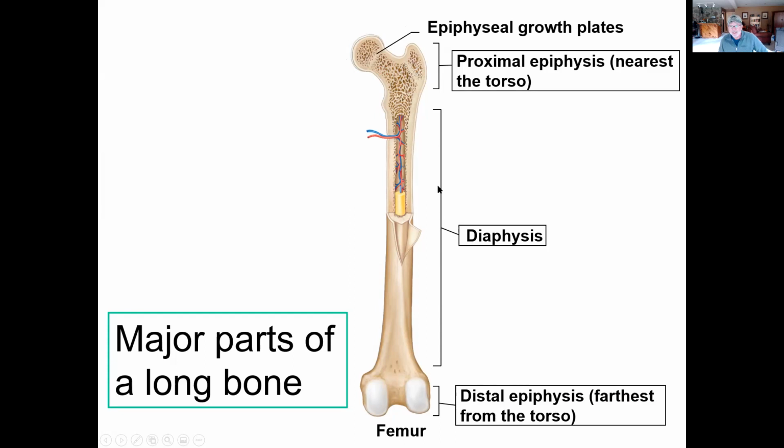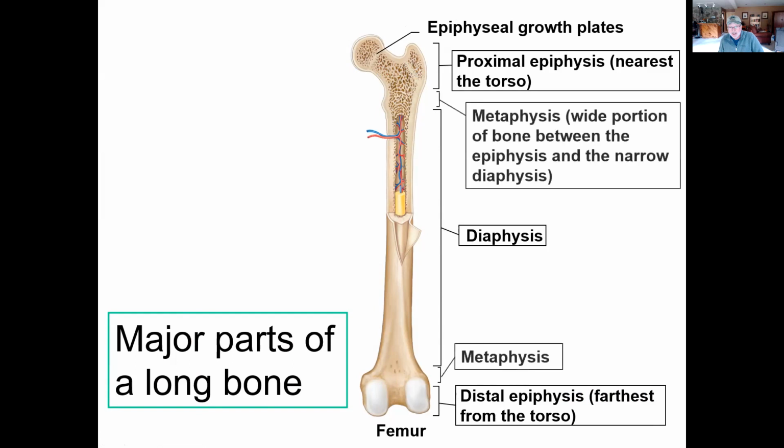And then we have this very long shaft portion called the diaphysis. So a proximal epiphysis, a distal epiphysis, and a diaphysis. In recent editions, the book has also defined what they refer to as the metaphysis, which is sort of where the epiphysis ends and the diaphysis begins.